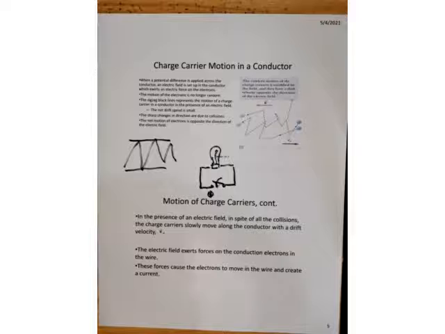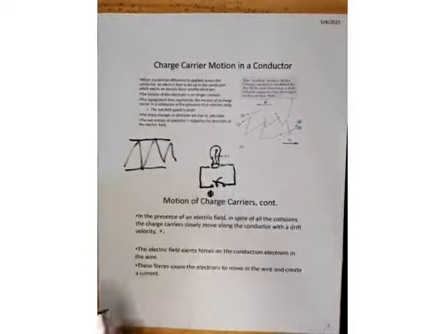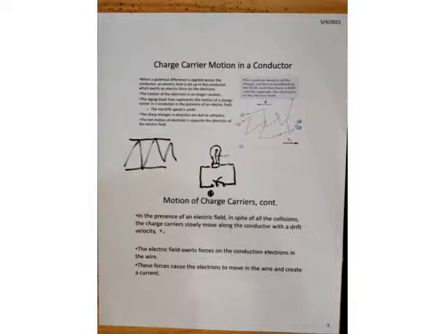Yung particular charge yung pinag-uusapan natin. Let's say yung charge natin nandito. Para makapunta siya doon, it will take a lot of time. So, kailangan talaga yung nauuna sa kanya. Yun yung mga magbibigay ng ilaw dun sa ilaw natin.